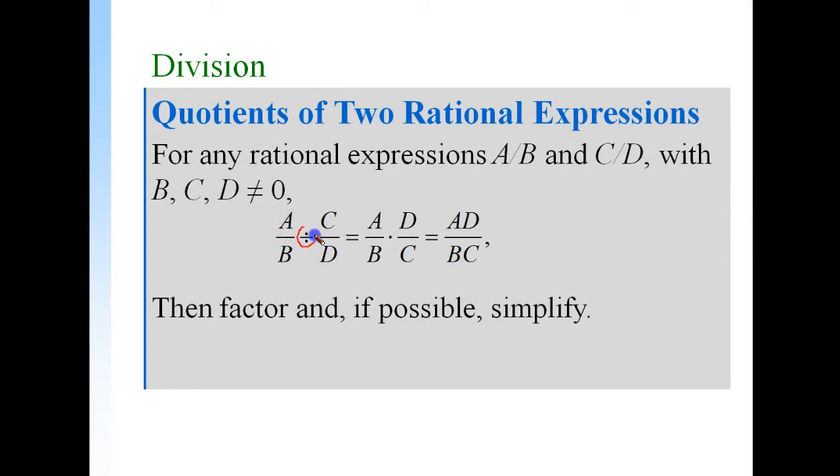Here we have a division sign that we're going to change to multiplication, and we're going to take this second term and flip it. That is the reciprocal of this term. Now once we do that and get it into this form, it's then multiplication. We can factor it, cross cancel wherever we can, okay? So let's look at some examples here.